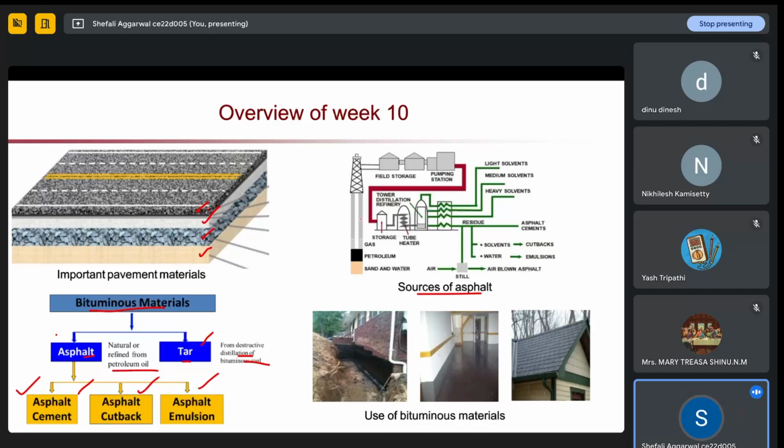We are collecting the petroleum and then it is going to the pump station, and from there some distillation will happen, and then we will get different types of residues, and we have light solvents, medium solvents.